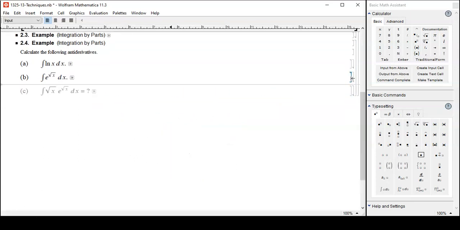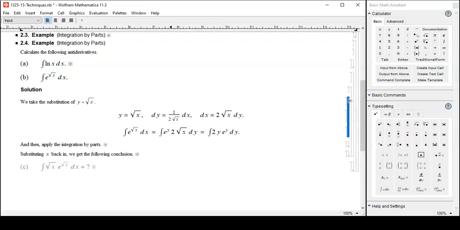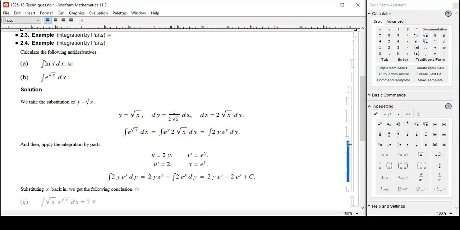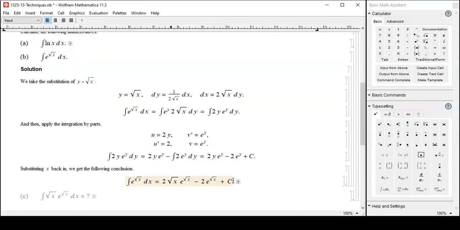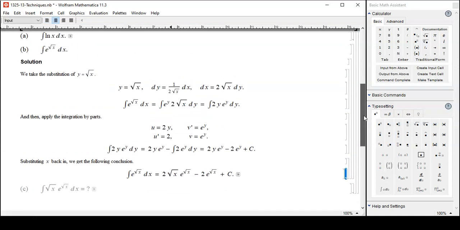What did I do in my answer key? Substitution, and we end up with this integral, and then integration by parts, u prime v, and then we get that, and then the final substitution. Okay, verification through Mathematica.